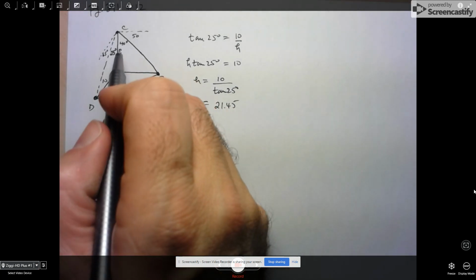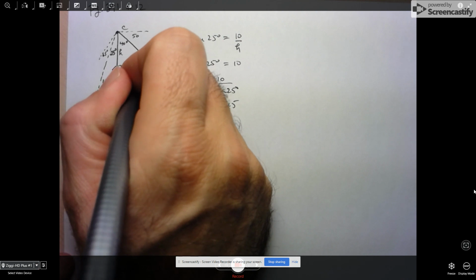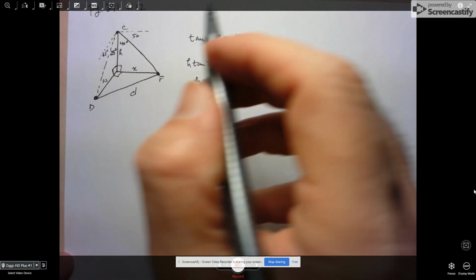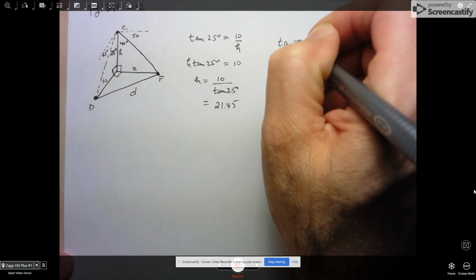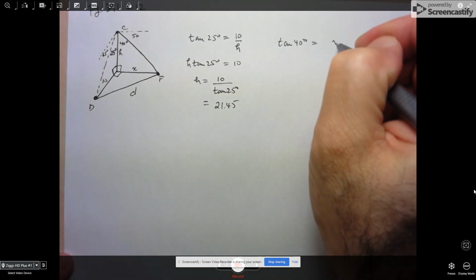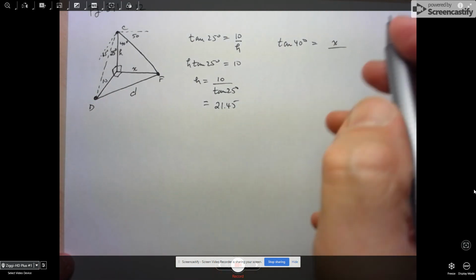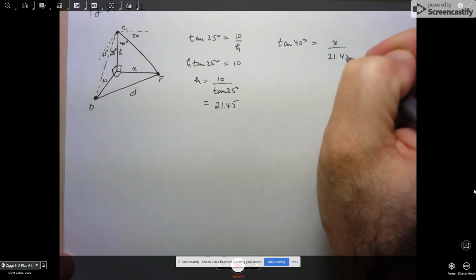Now that I have this length here, I can find this other one that I was looking for. Let's call that x. Now I can use the angle in the other triangle: tan of 40 is equal to the opposite, which is x, divided by the adjacent, which is the h value that I just found, 21.45.